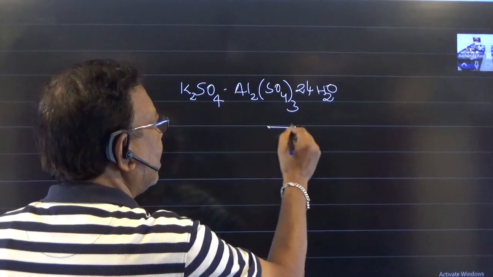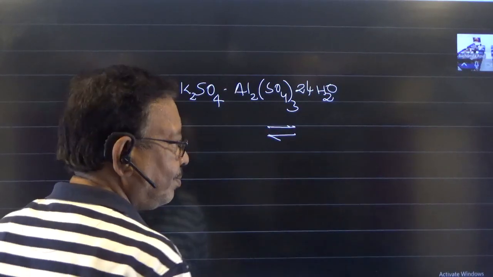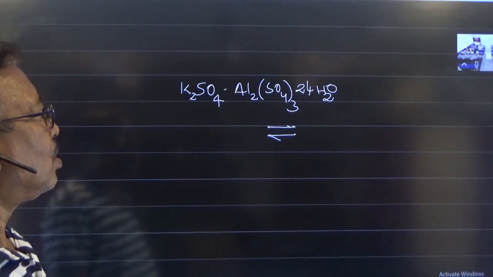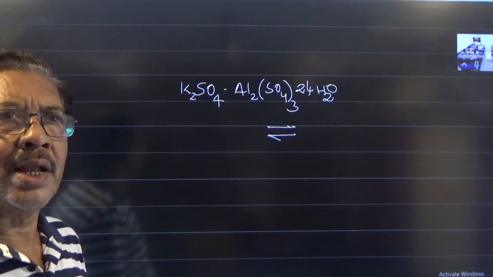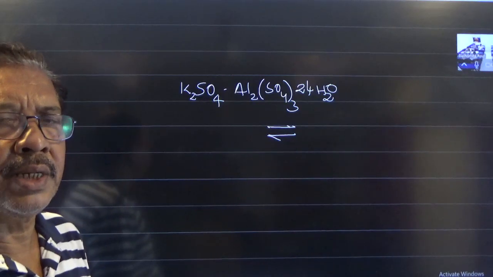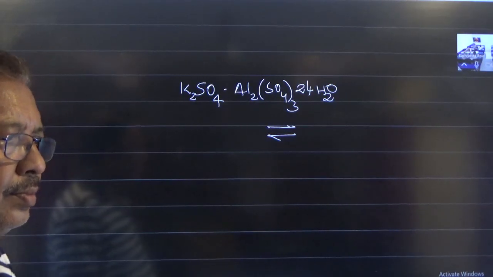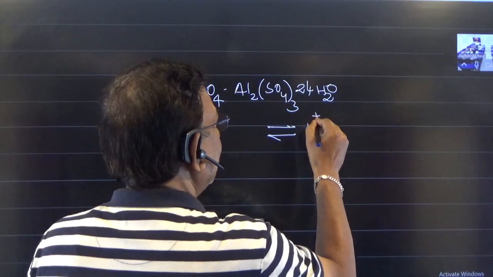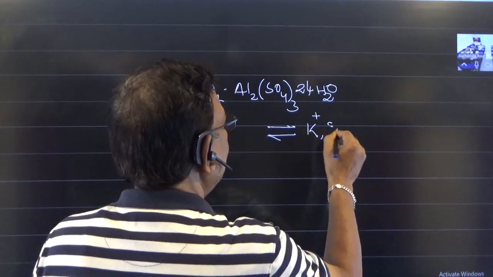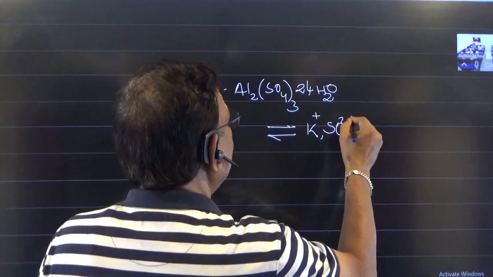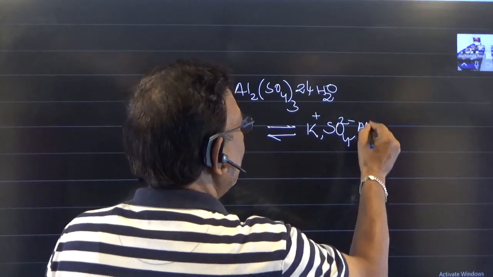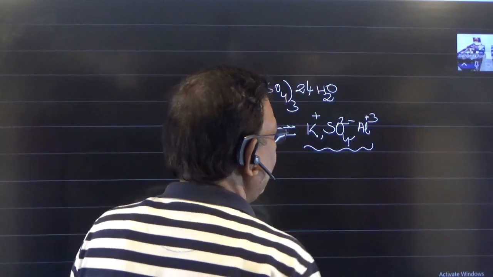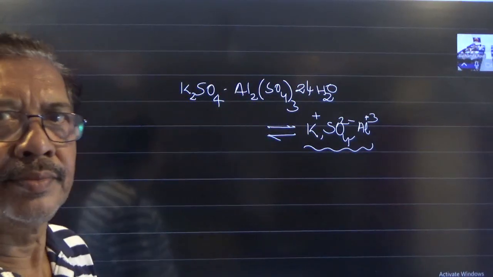This is called fitkiri. So when it is dissolved in water, can you tell me what are the ions present? K plus ion, SO4 2 minus ion, and Al 3 plus ion. It shows all the ions.